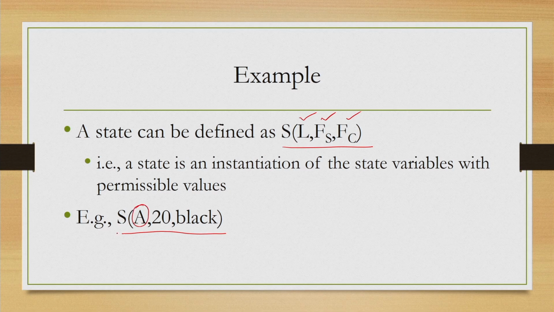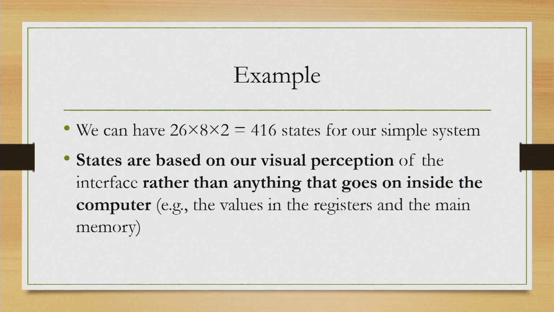So, here L is A, font size is 20 and font color is black. So, once we instantiate these variables with values, we get a particular state, and total number of possible states is 416, because for each combination of values we can get one state. So, there are a total of 416 combinations of values for the 3 variables.